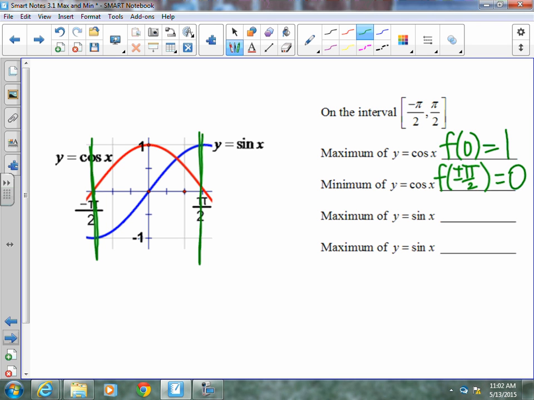It happens at both of those places. The maximum of sine is all the way to the right at pi over 2, where it equals 1. And the minimum value of sine is at negative pi over 2, which is negative 1.